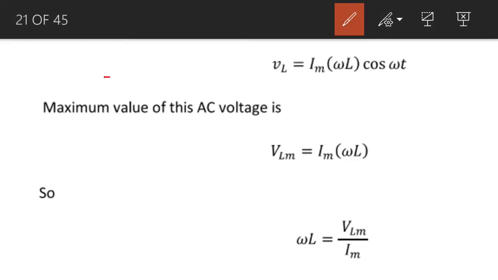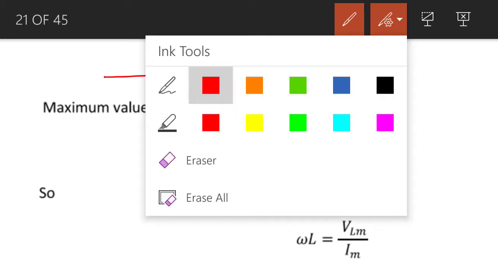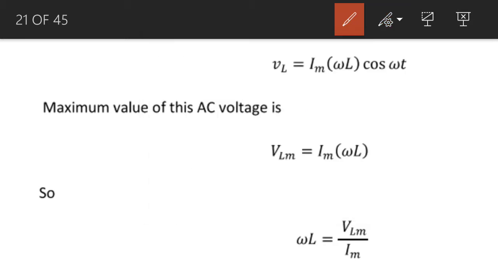If we differentiate the value of the AC current with respect to time, let me go back and explain this derivative.